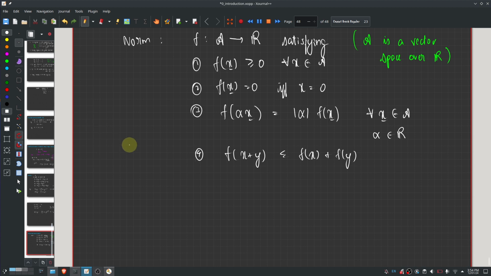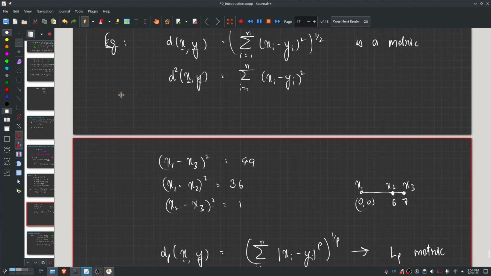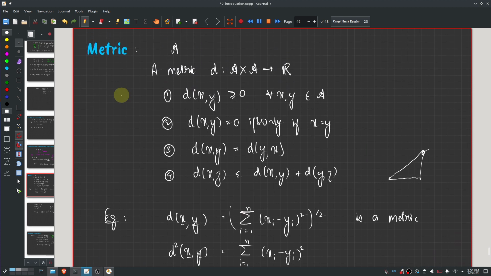So if I take a distance, so suppose I have a metric, can I construct a norm from this particular metric? Or in other words, can I go the other way around?